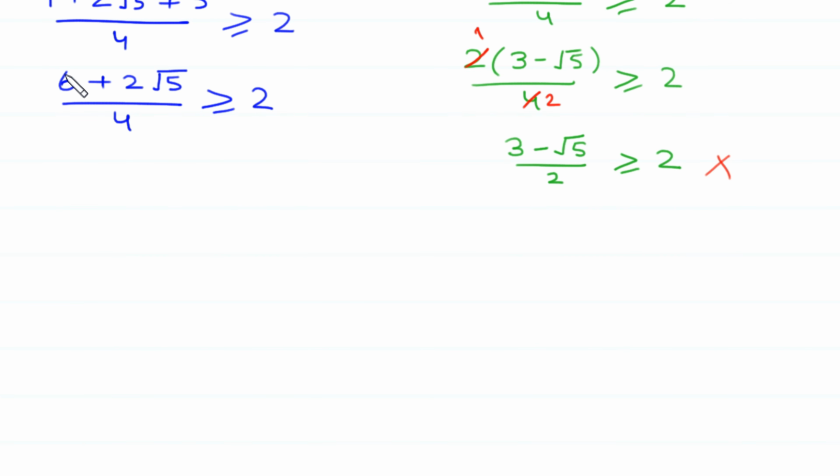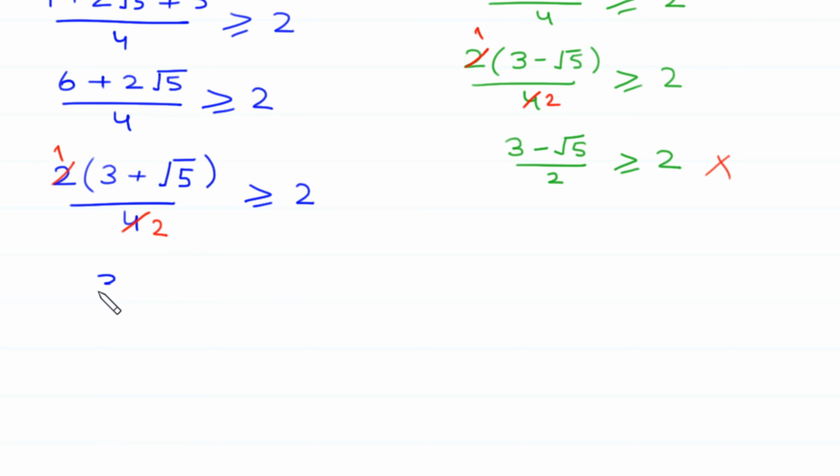Next, from here we can factor out 2. 2 times in bracket left 3 plus square root of 5 over 4 is greater than or equal to 2. Now from here 2 one time and 2 times 4, and here left 3 plus square root of 5 over 2 is greater than or equal to 2.